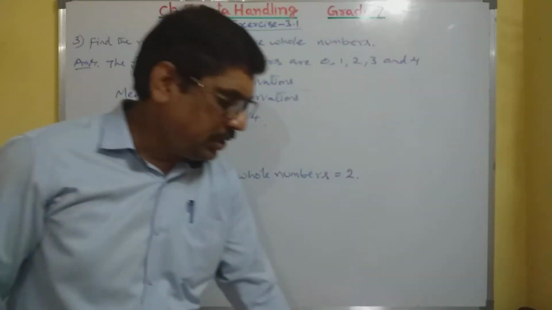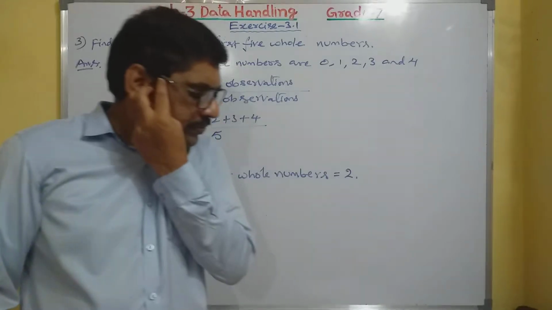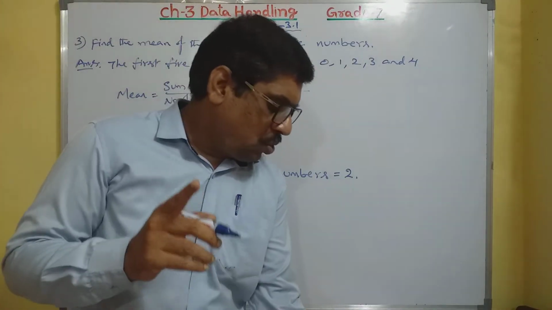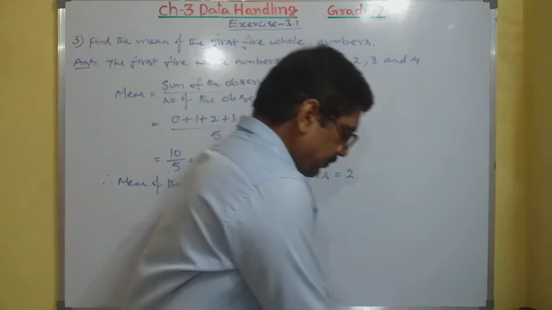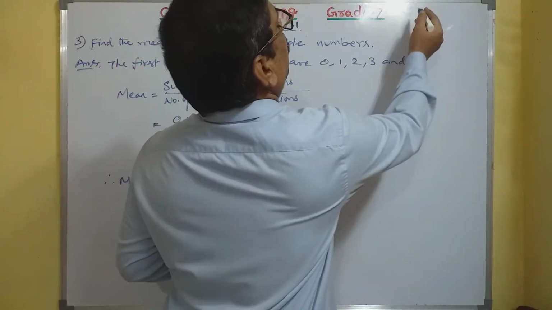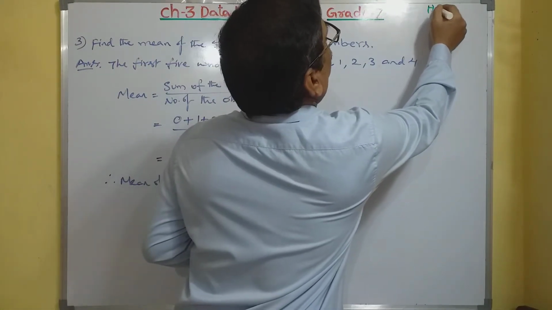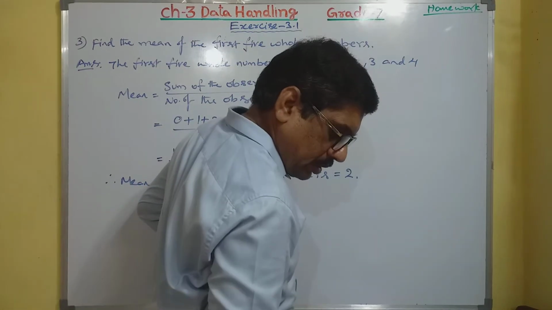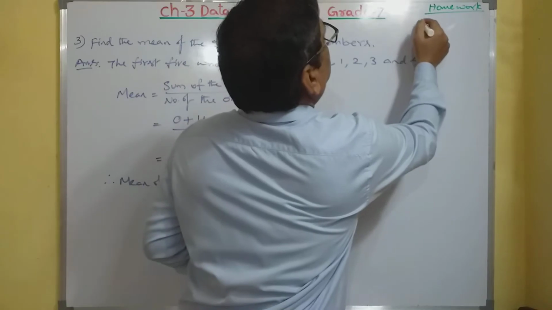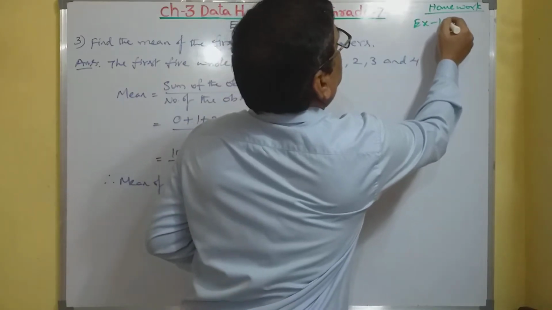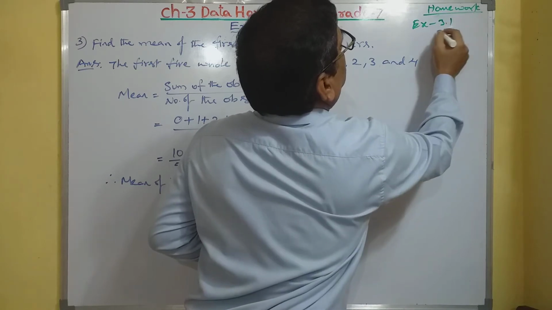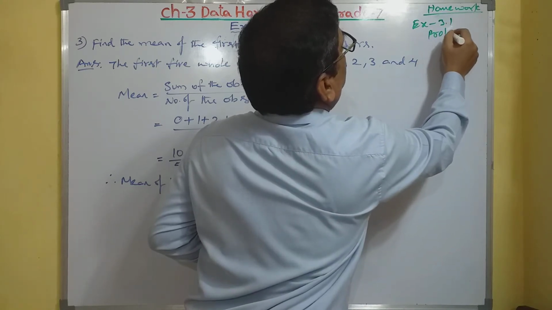Okay, did you understand? So like this, you have to do the fourth problem as homework. Here, at the right top corner, I am writing homework. This is the fourth problem, exercise 13.1, problem 4.